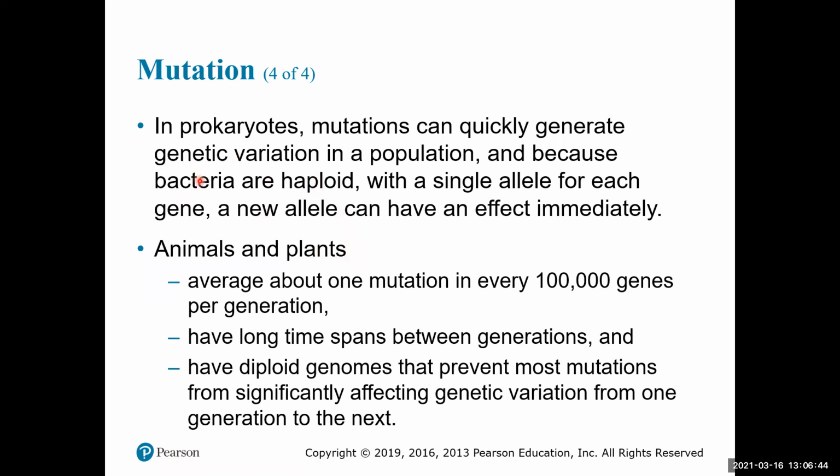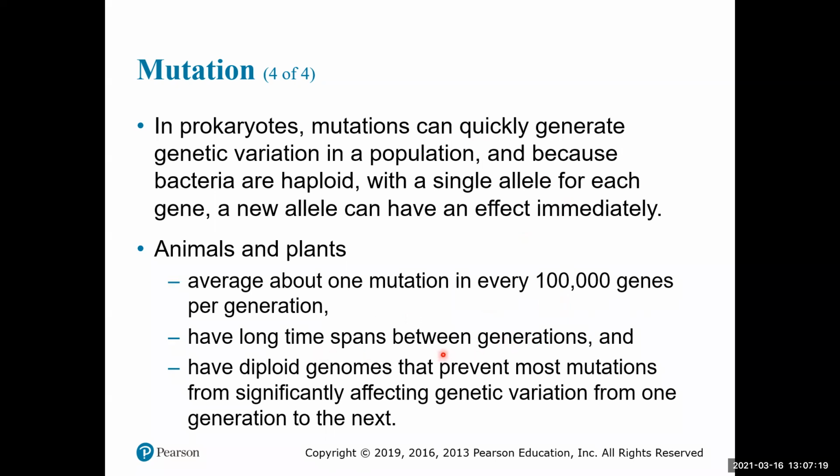And those bacteria have quick generation times. Within a day, you put bacteria on a petri dish and you can get thousands of generations. However, with animals and plants, those generation times are very long, and you average about one mutation in every 100,000 genes per generation. That's very few compared to what you get with prokaryotes in the same time span.